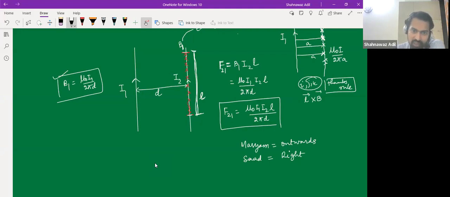Okay, so Aisha is also saying outwards, but now Mariam has changed her answer to J, upward. So which one is correct?